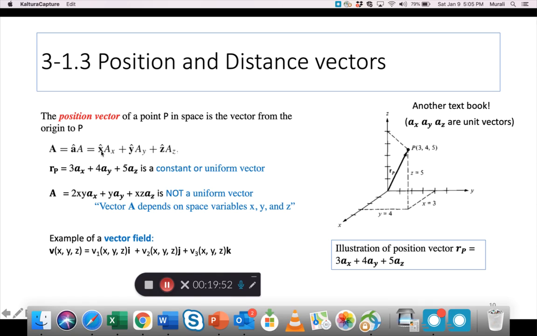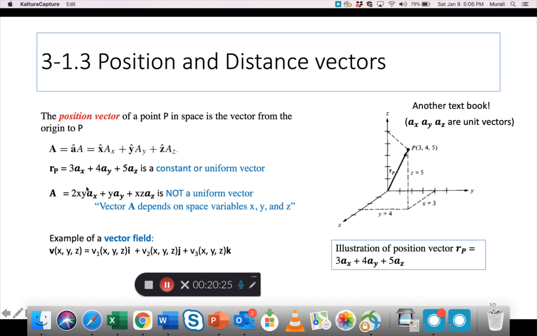Our way in our textbook, x, y, z; another way, ax, ay, az; and then the third way, i, j, k. Each of these are unit vectors of length 1 along each axis, and they're all perfectly okay methods of writing. Depending on the textbook, depending on the writer, any method may be used, and generally you won't be confused.